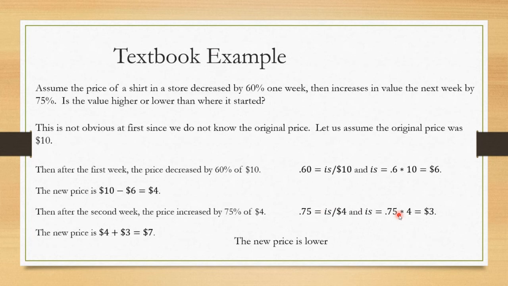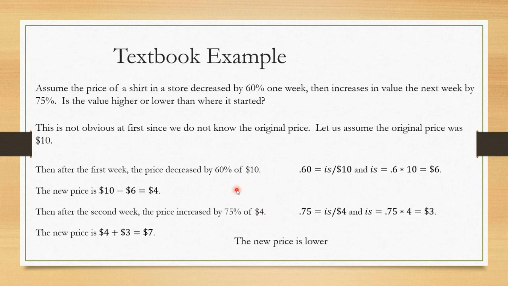And that's all we care about. No matter what number you choose, the new price is lower. Intuitively, even though 75 is higher than 60, you're taking a higher percentage of a much smaller number. That's the idea behind it.